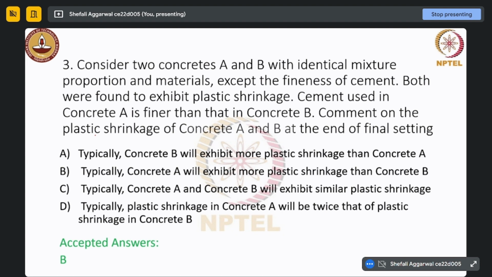That means what will happen? Why will A have more shrinkage than B? If it's finer, then it should be a more compact structure, right? Why will it have more shrinkage? Anybody who wants to answer?